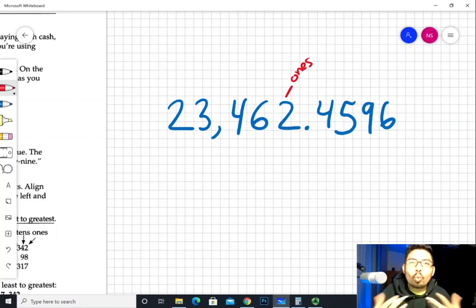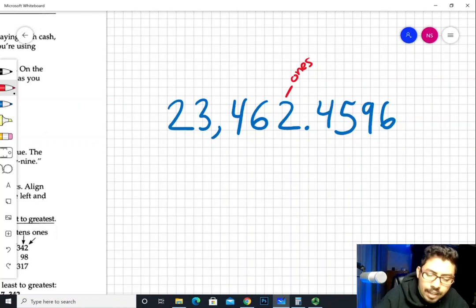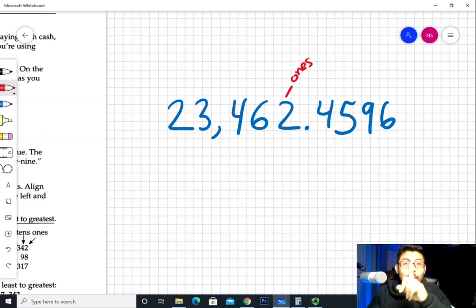That, my friends, is the ones place. The reason I call this an anchor point is because there's only one of those. Get it? The ones place, there's only one. That's where the line is drawn. From then on, everything to the left and everything to the right is just a mirrored reflection of each other, with a small difference in writing.